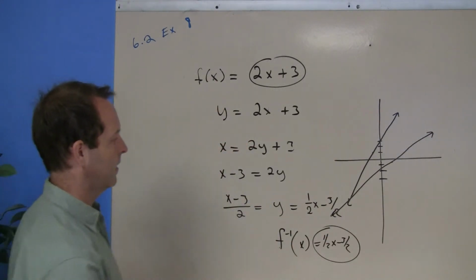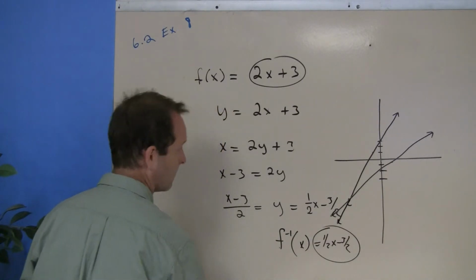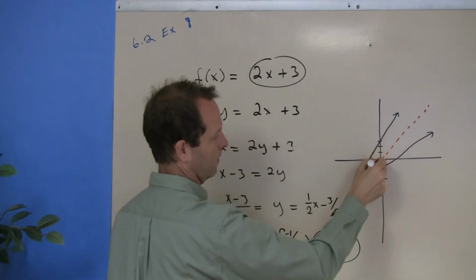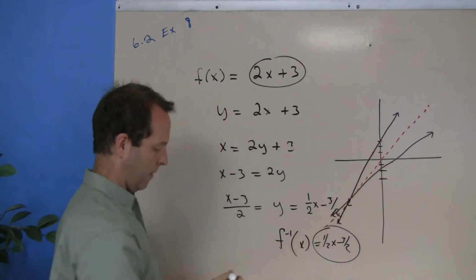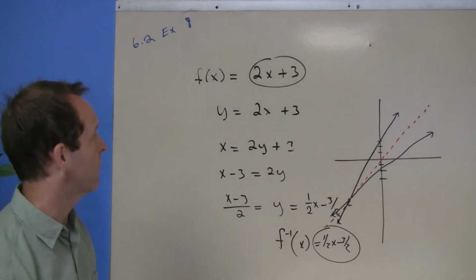And these graphs are also symmetric about the y equals x line, which we'll find true for inverse functions.